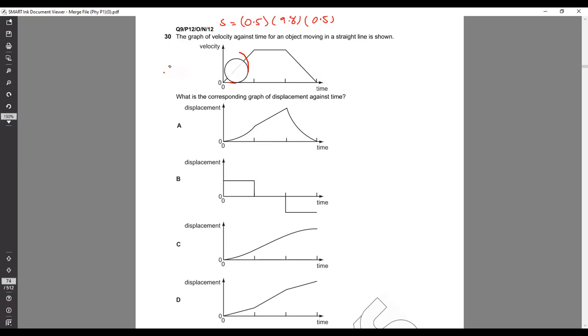So velocity increases. That's very good, Tanya. That's right. That's a really good answer. Waiting for your answer, Fatma.